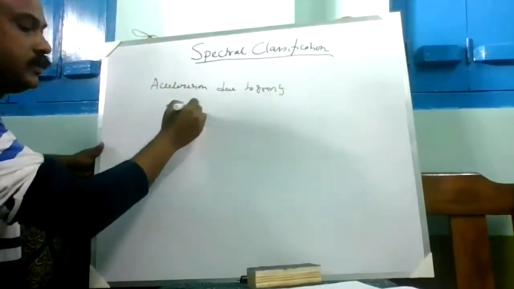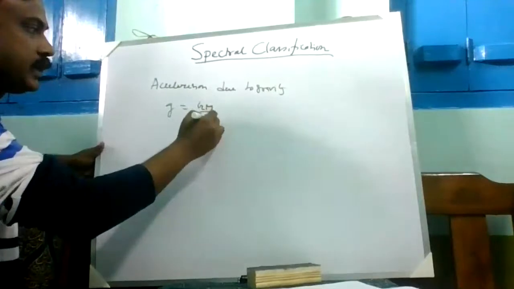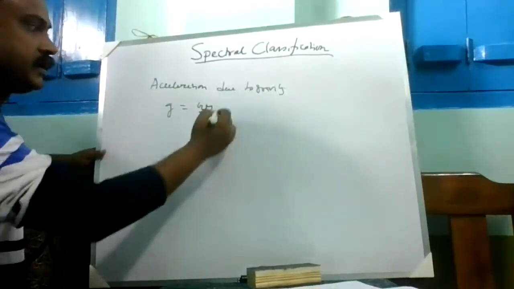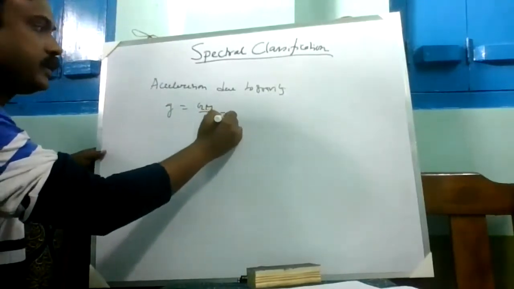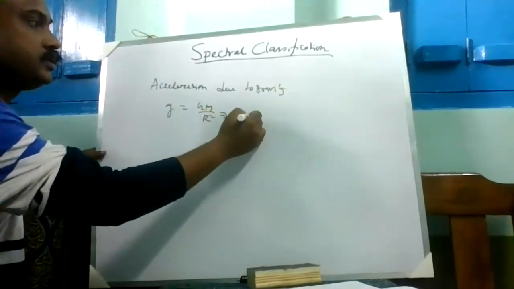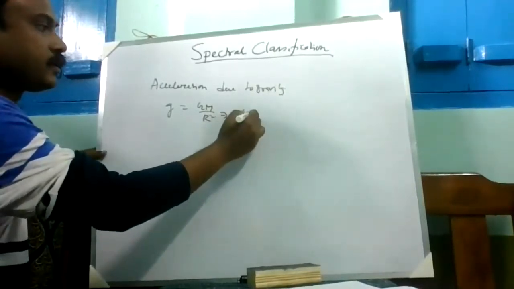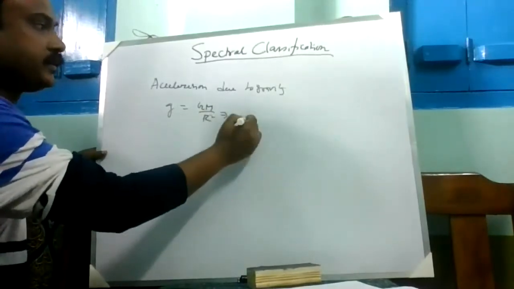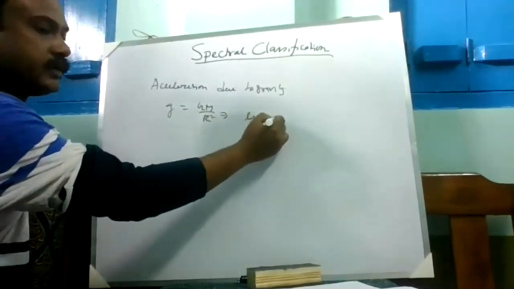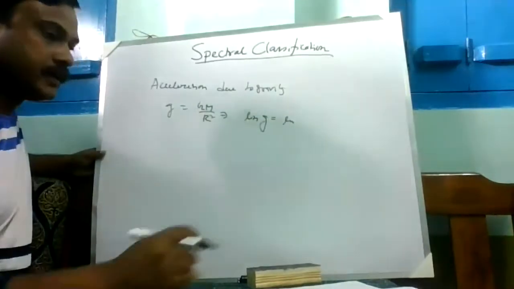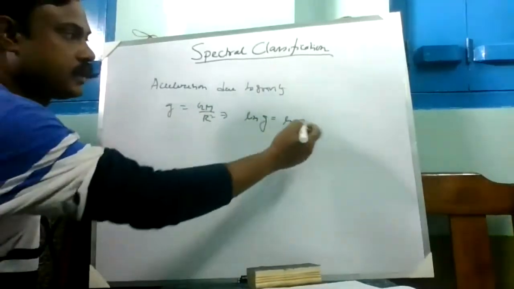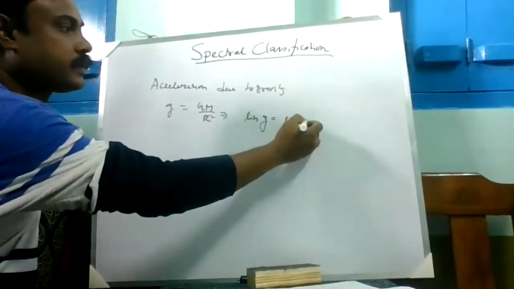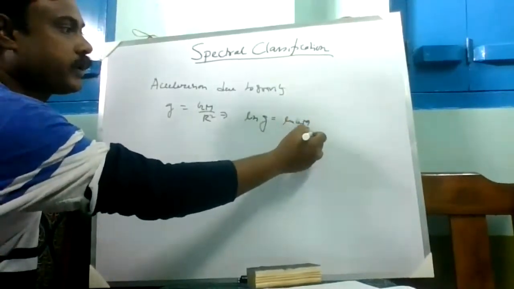g equals GM by r square, where M is the mass of the star, r is the radius of the star. Therefore, ln g equals ln of GM by r square.